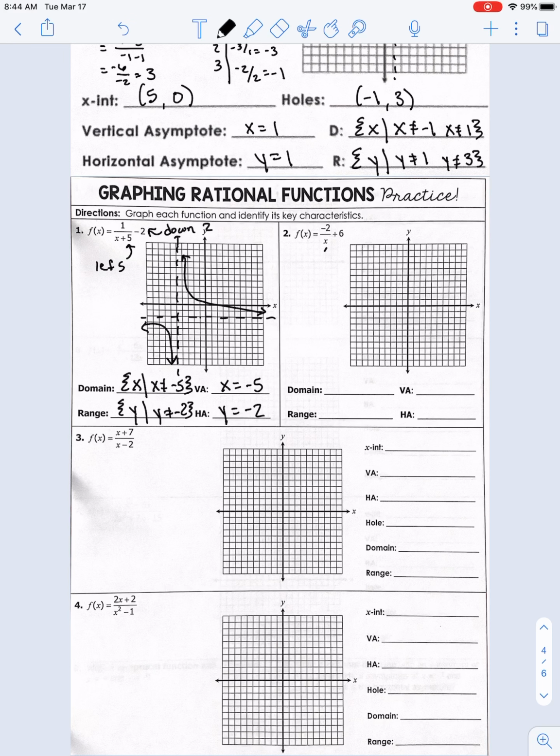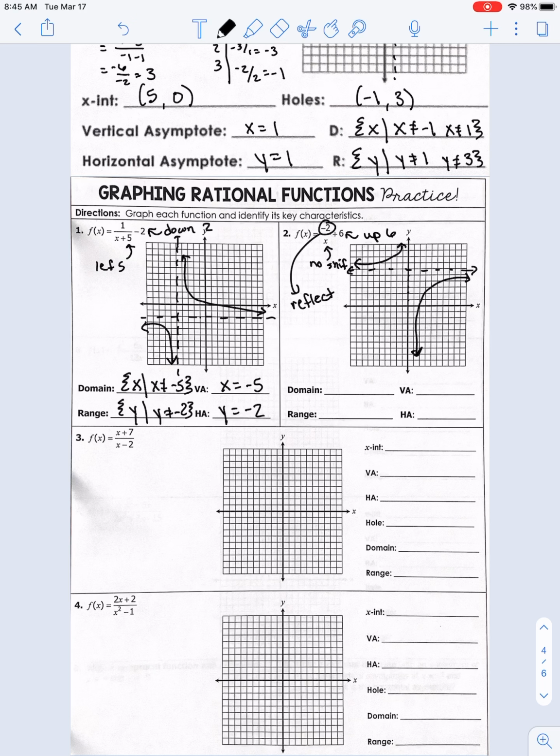It looks like we have no horizontal shift. We are shifting up 6, and we are reflecting and stretching by 2. So if I go up 6, 1, 2, 3, 4, 5, 6. I would be in the top right and bottom left, but this is reflected, so I'm going to be in the bottom right and top left for this graph.